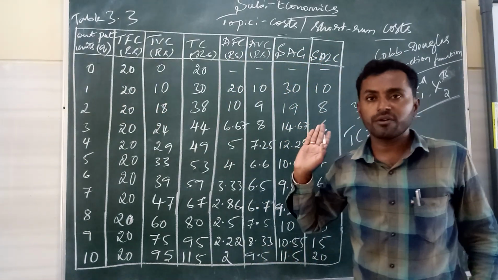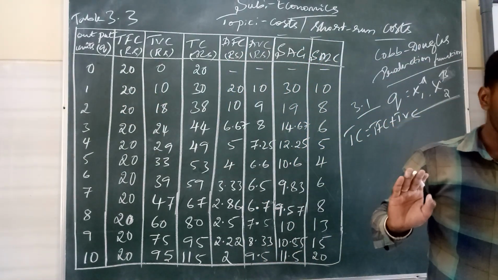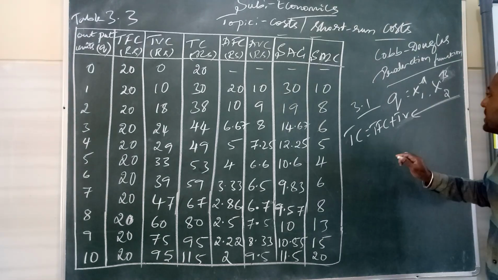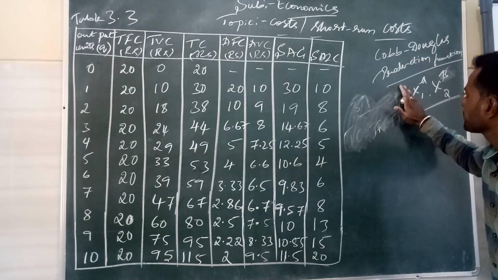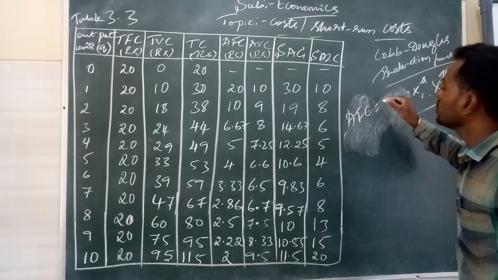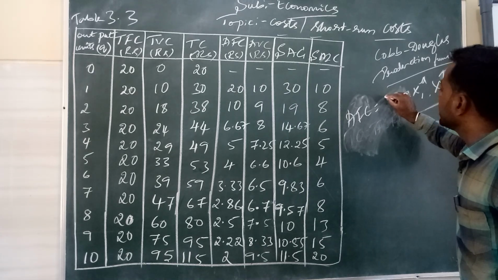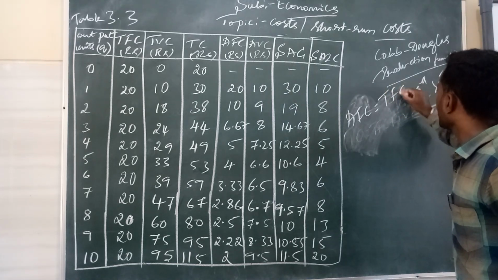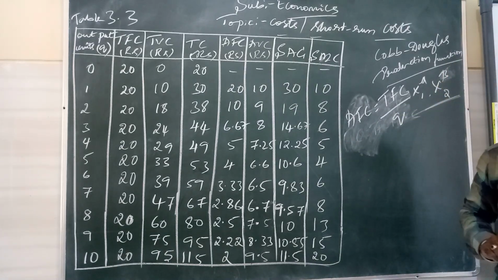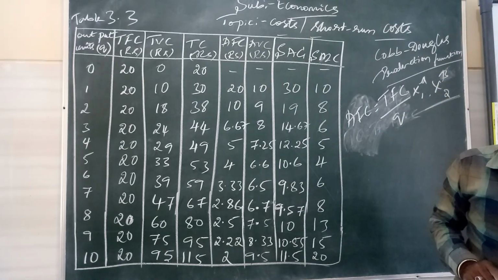Now AFC, average fixed cost. You know what is the formula to calculate AFC? AFC is equal to TFC divided by Q.